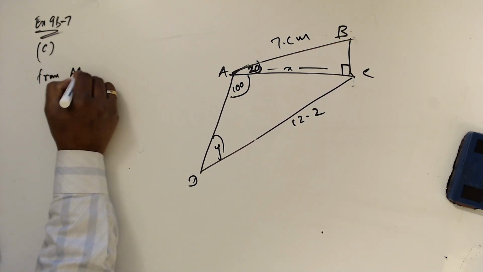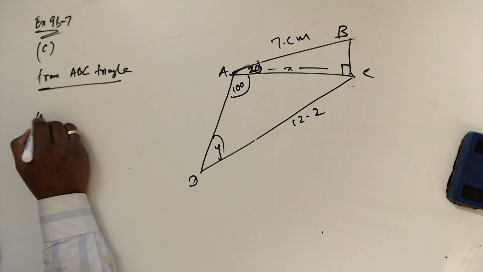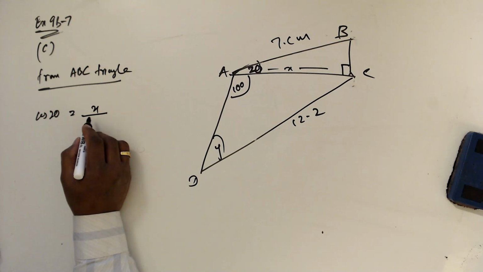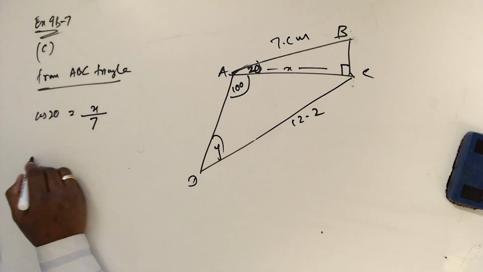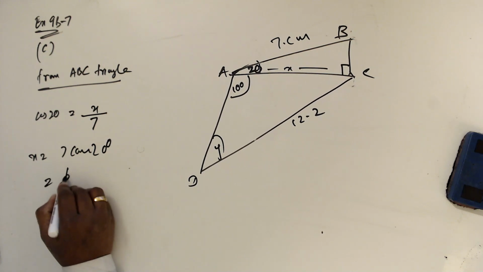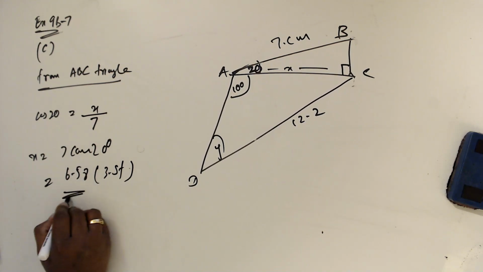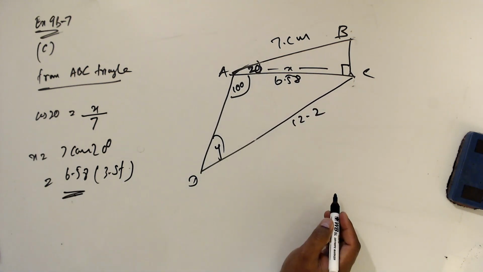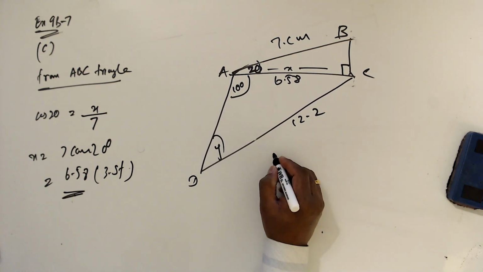From triangle ABC, cos 20 equals x over 7, adjacent over hypotenuse. x equals 7 cos 20, which is 6.58 to 3 SF. Now I can use the sine rule for triangle ADC.